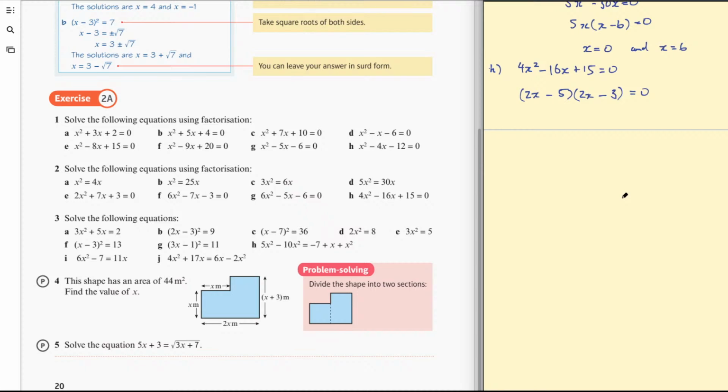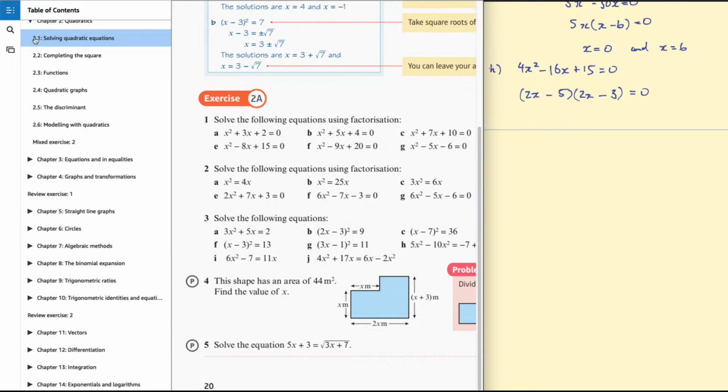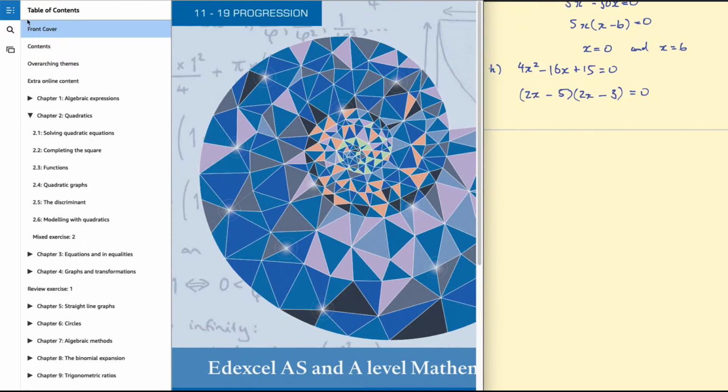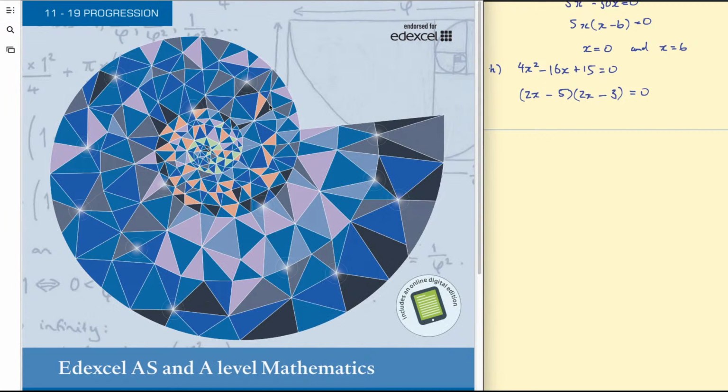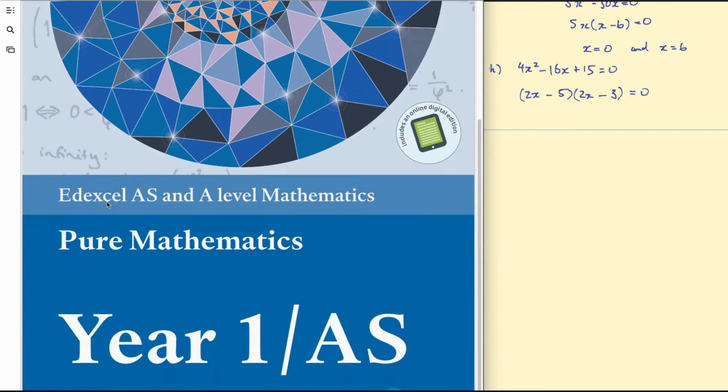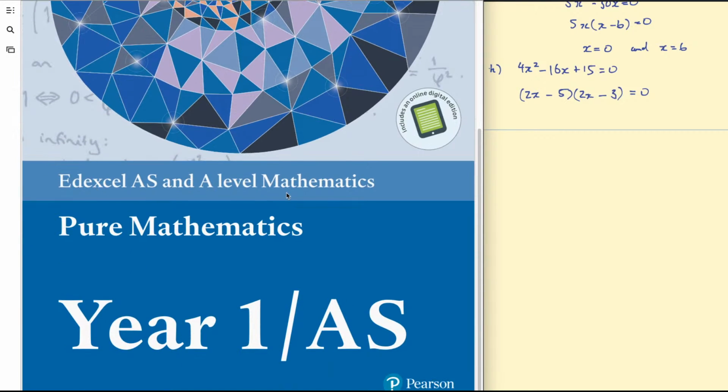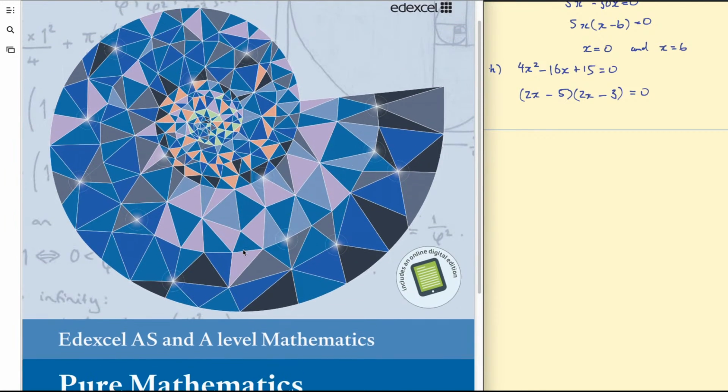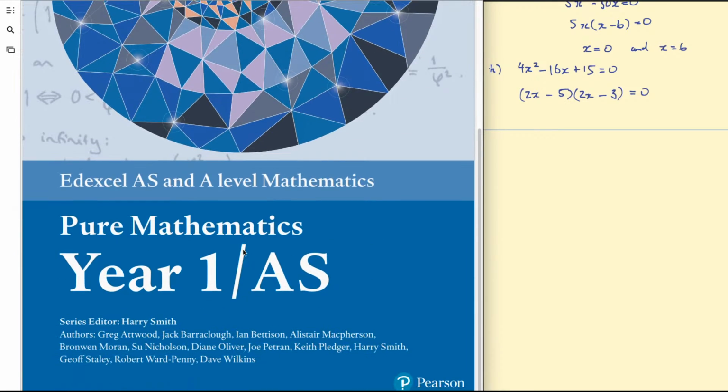Please tell me about the book, Muhammad. So this is, well, the title, I guess, is Edexcel AS and A-Level Mathematics, Pure Mathematics Year 1 AS. So this is, I guess, meant to be your entire Year 1 curriculum.